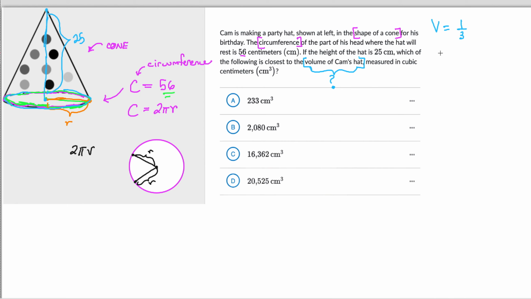Go to your formula sheet. Find a cone. A cone looks like this. The volume of a cone is 1/3 pi r squared times h, where r is the radius and h is the height.